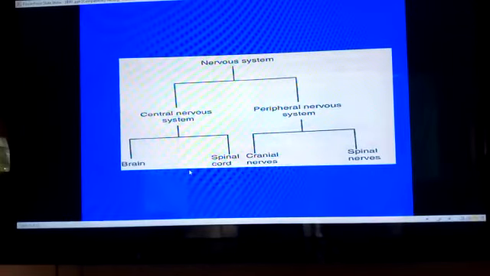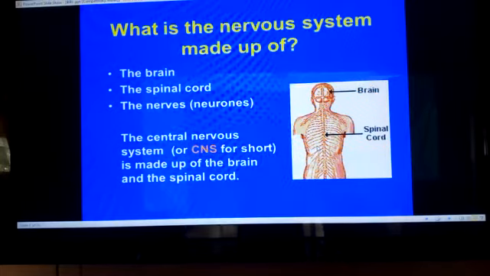In this diagram on the screen, I've given a brief summary of what entails the nervous system. The nervous system entails two systems: the central nervous system that comprises the brain and the spinal cord, and the peripheral nervous system, which comprises the cranial nerves and the spinal nerves.